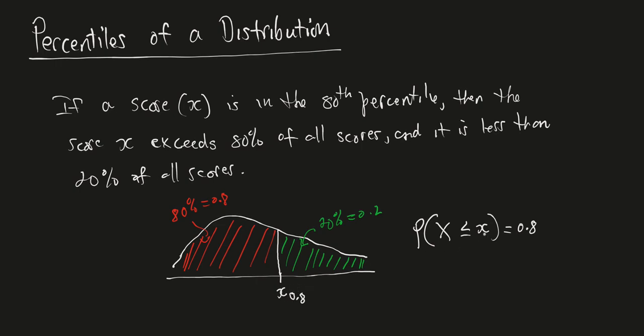So this notation indicates the 80th percentile of the distribution, and that is the specific number in our sample space where in this case 80% of the distribution is to the left, and the remaining 20% is to the right.